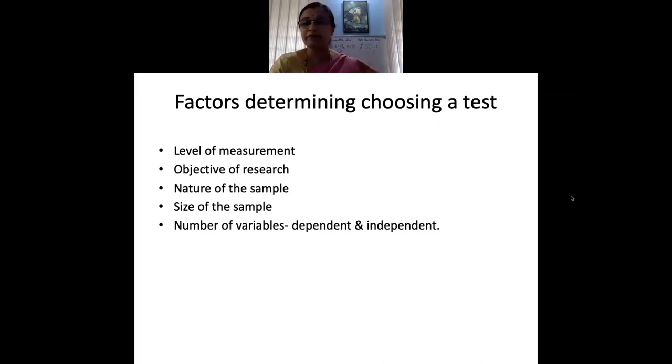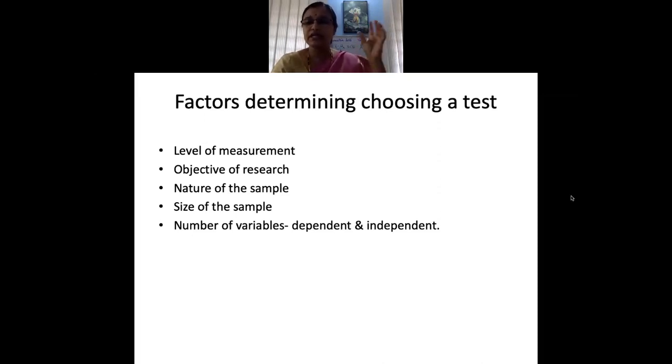I will be very happy if many of the researchers can present this data analysis plan in the form of a table. That means, if you are testing descriptive statistics, what is the tool and technique you're using? In the end, I have done one table, and you can use that type of table in your research or thesis also.